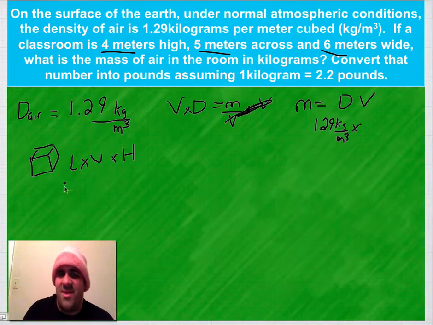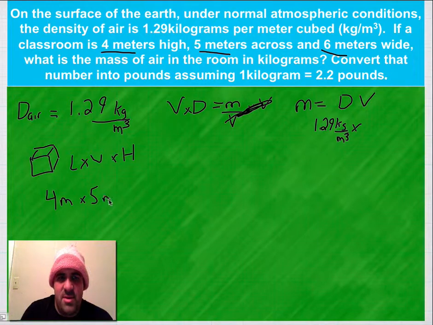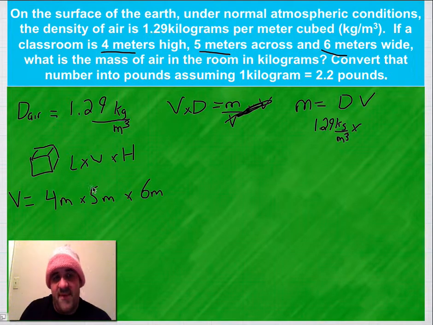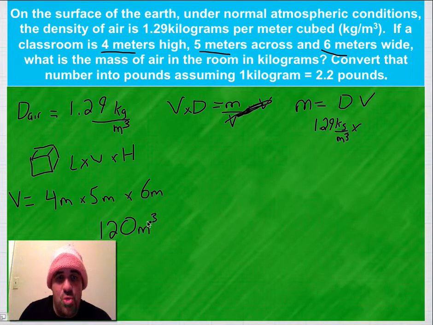So we're going to take 4 meters times 5 meters times 6 meters. Volume equals 4 times 5 is 20. 20 times 6 is 120. And of course, the unit for volume is going to be meters cubed.